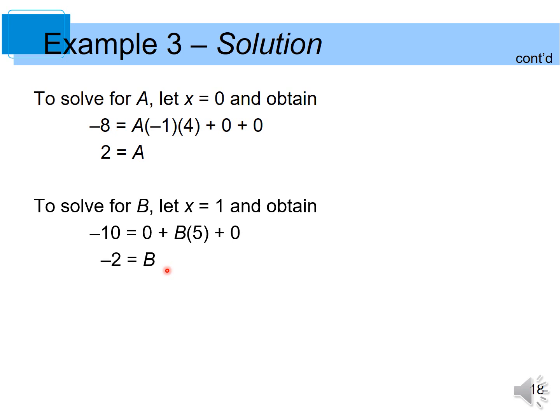And for the third factor, we know that our third factor is x squared plus 4. But when we substitute any value of x into this quadratic expression, we will not get 0. It is impossible to let this factor equal to 0.